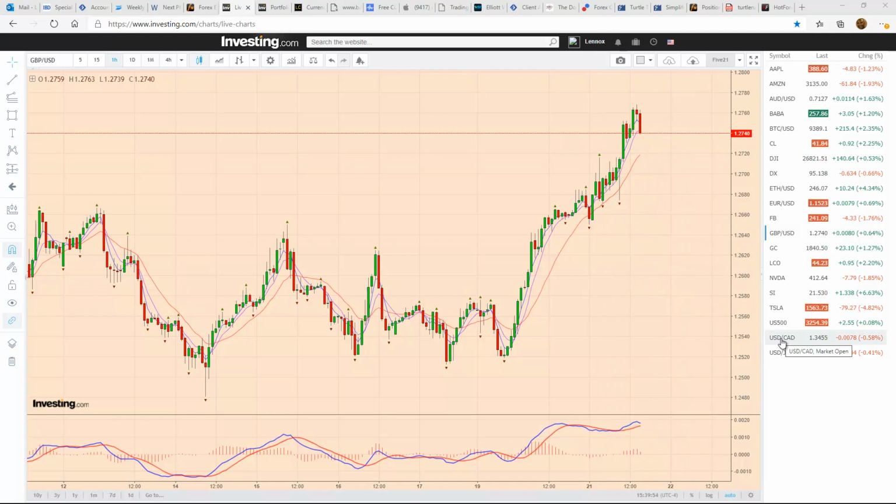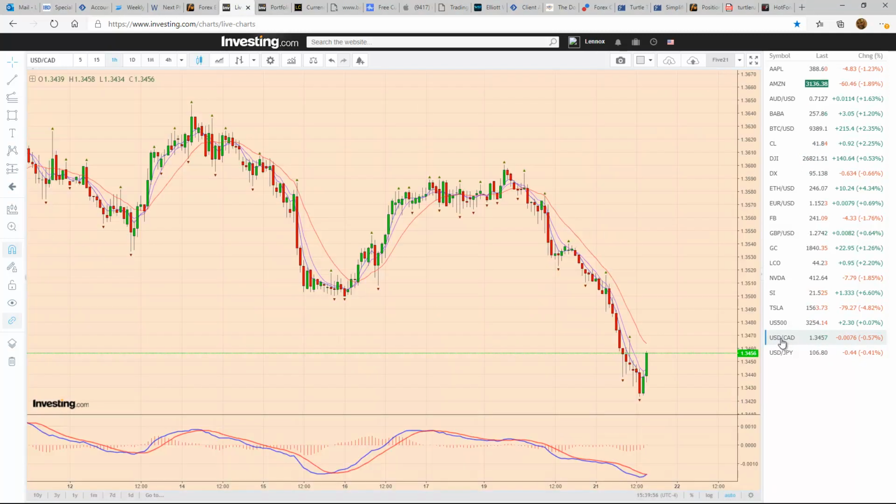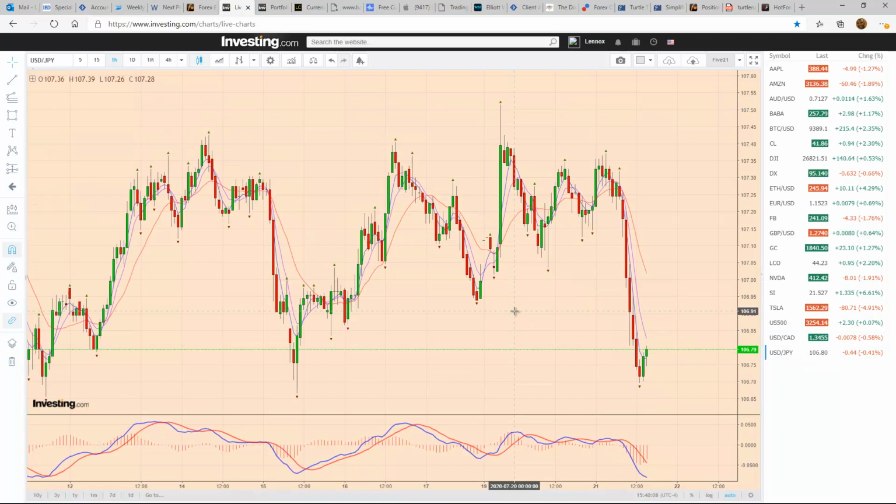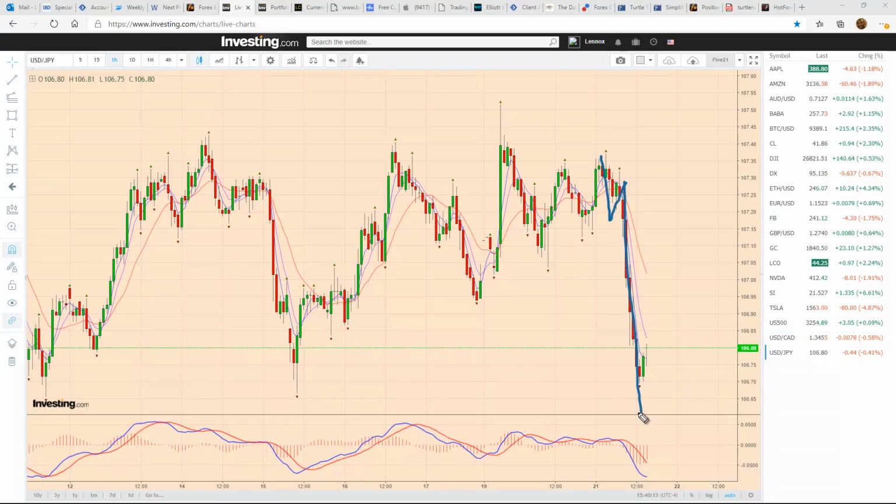Now look at using the US dollar as the base pair like USD CAD. That's going the opposite way because the US dollar is weak. So we get 1, 2, 3 top, and we're on our way to the downside. And similarly with USD Swiss or USD Japanese yen, you would get a similar move. So 1, 2, 3 top, and you're on your way down.